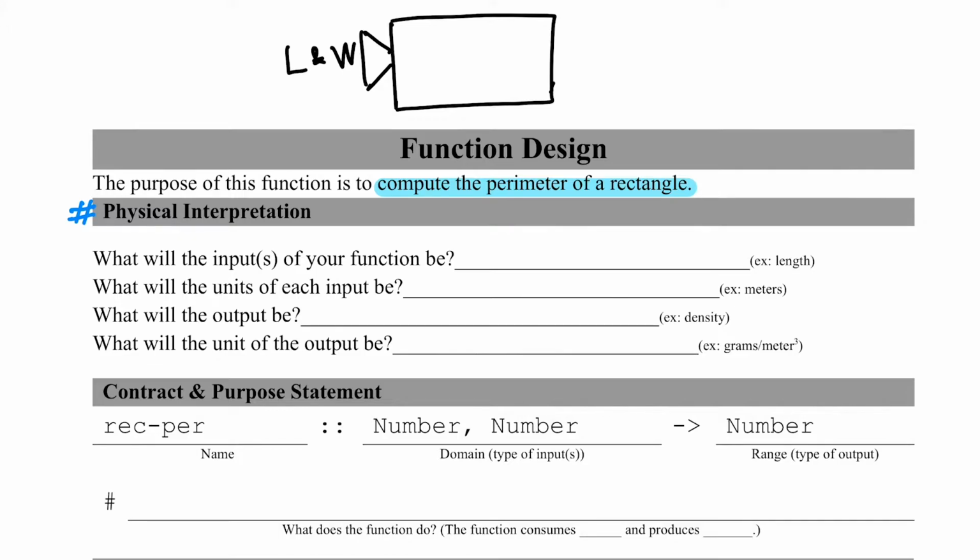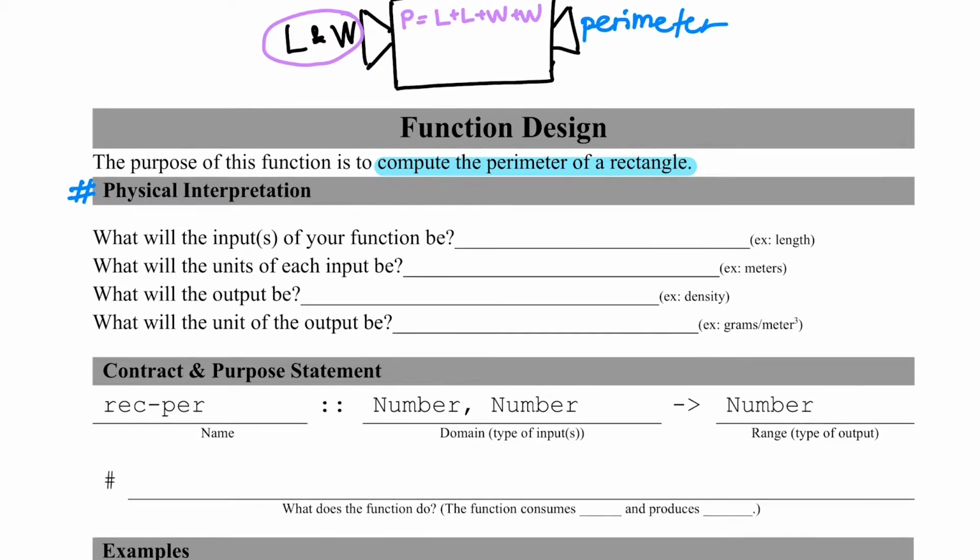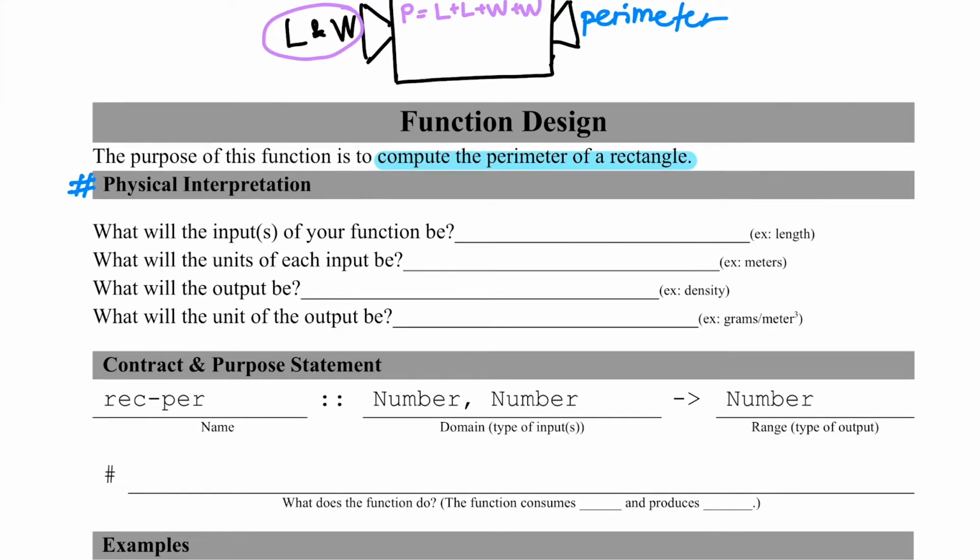Our perimeter equation would happen to be L plus L plus W plus W, and it's going to output the perimeter. So our inputs were length and width, and our output is going to be perimeter.